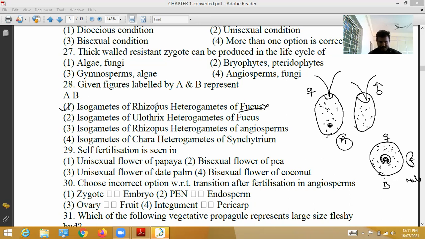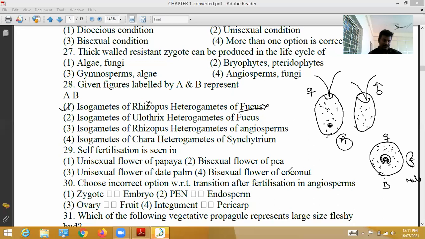So isogametes of Rhizopus. Whatever the A given, that is not in Rhizopus. Isogametes of Cladophora, these are actually Cladophora, an alga. So option 1 is wrong. Heterogametes also not in Fucus.